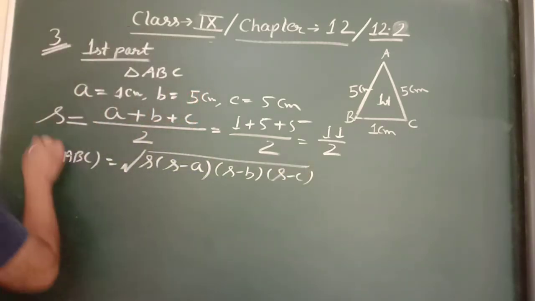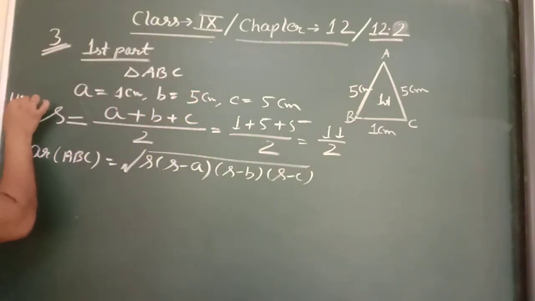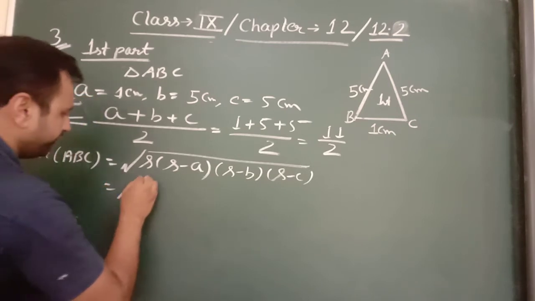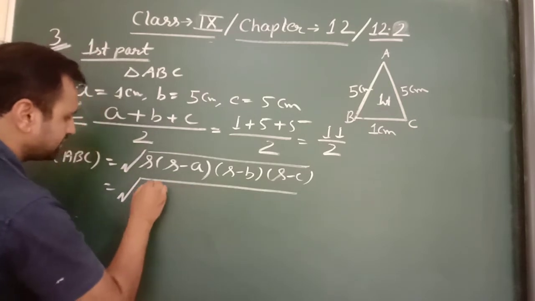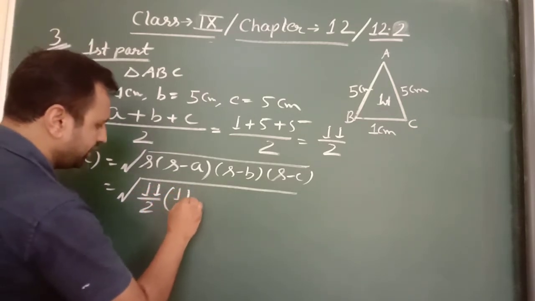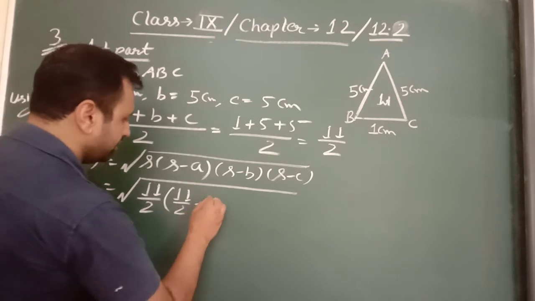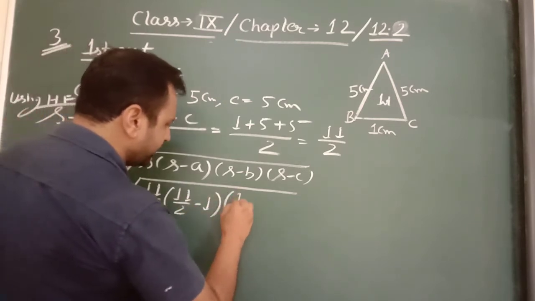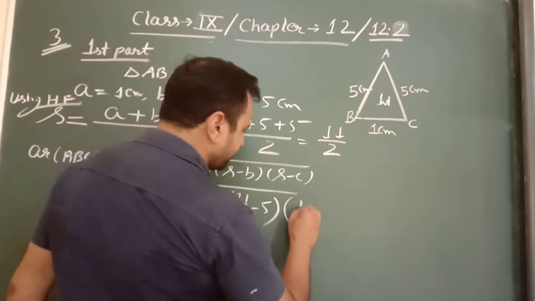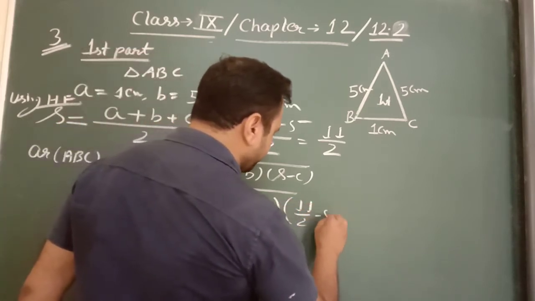And please note down, writing the name of the formula, using Heron's formula, is compulsory. Now put the value of S. What is the value of S? 11 upon 2. In the first bracket 11 upon 2 minus 1, in the next bracket 11 upon 2 minus 5, in the next bracket 11 upon 2 minus 5.